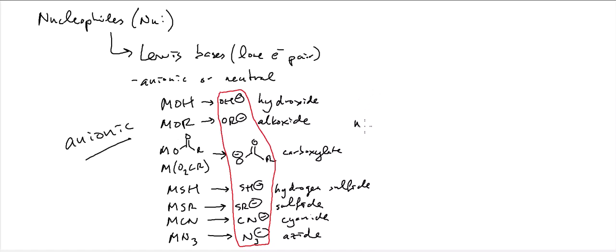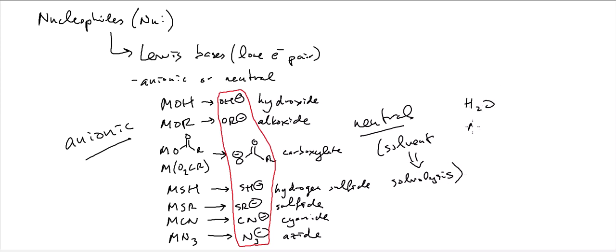We also have neutral nucleophiles, and these are often solvent. And if the reactant is the solvent, we call it a solvolysis reaction. So this is things like H2O, methanol, ethanol, acetic acid, which is this structure here.